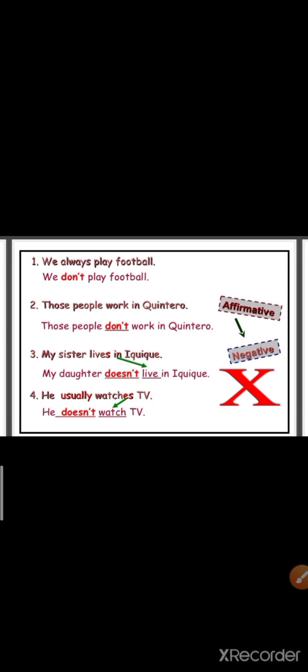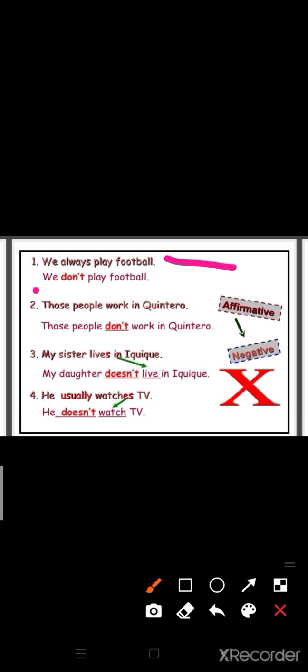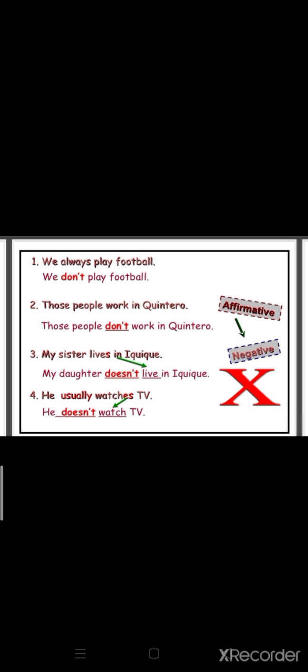For example, we always play football. This is affirmative sentence. And to convert it into the negative we will use we don't play football. As the subject is in plural form, we will use don't. Those people work in Quintero. So, this is also an affirmative sentence.